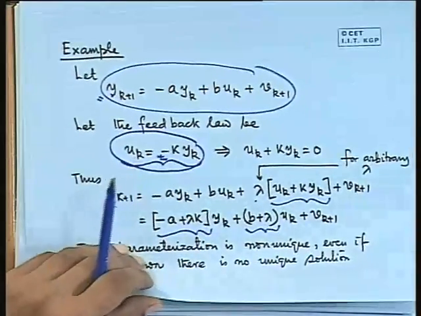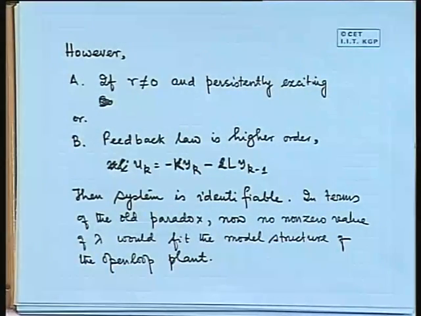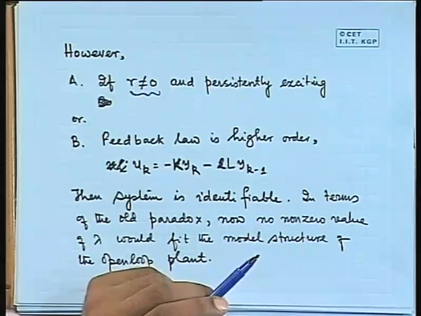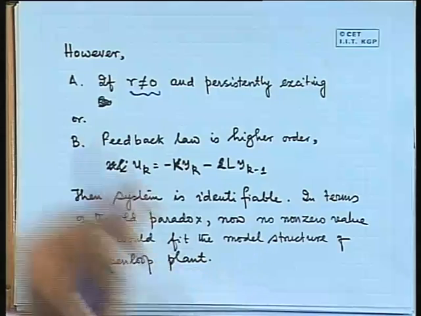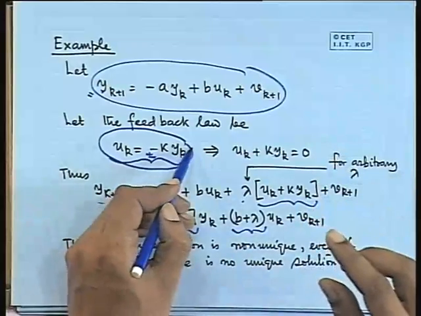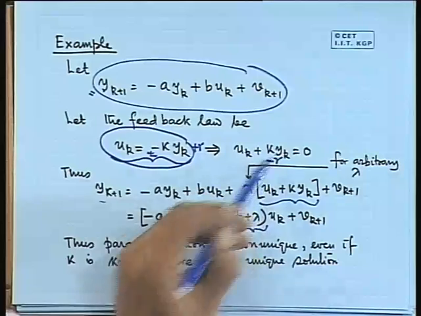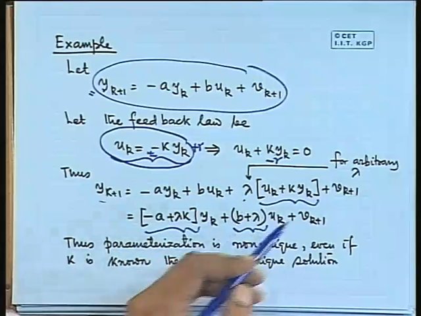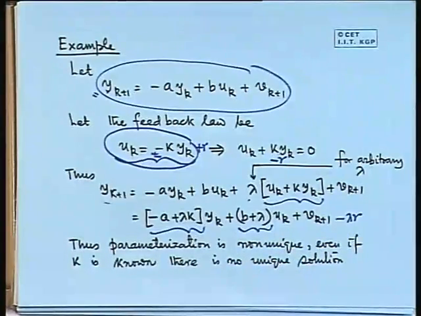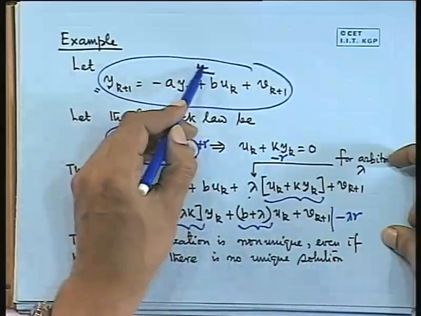So what are you going to do? You can do several things. For example, this does not happen if R is not equal to 0. Because if R is not equal to 0, then suppose you had R, you will have an R here, and you will have an R here. If you substitute, you will get a minus lambda R, correct? Now what is your identification? Your identification is using this model structure.